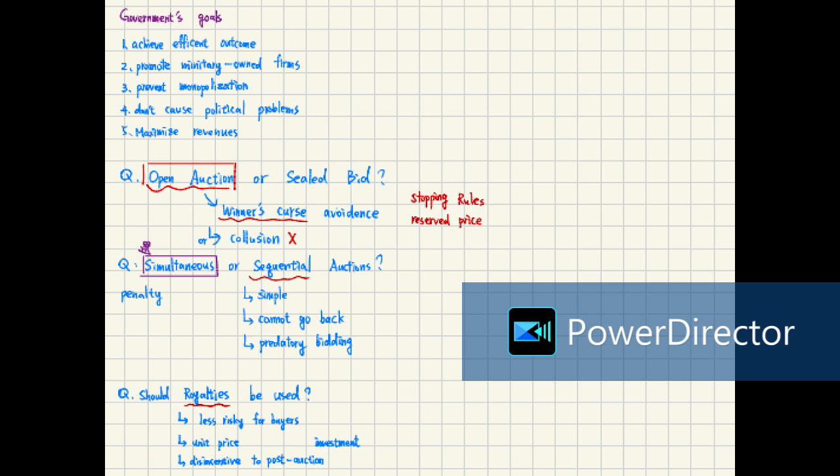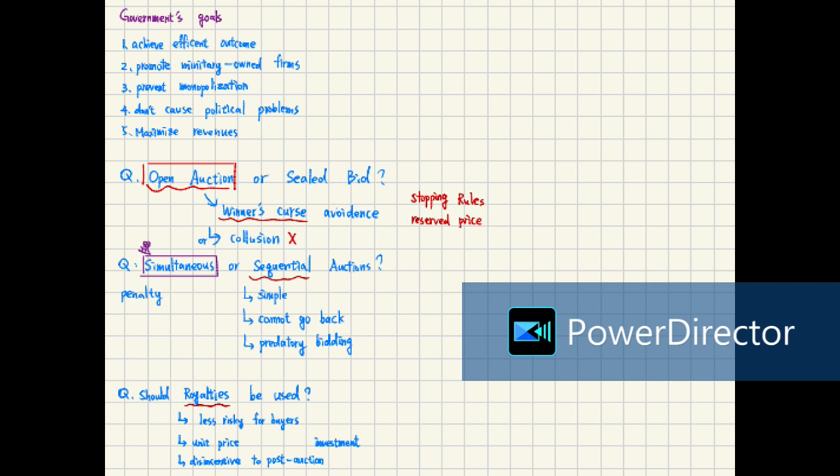So the first question is open auction or sealed auction. A sealed auction usually does not exchange information many times, so it is more likely to have winner's curse, right?